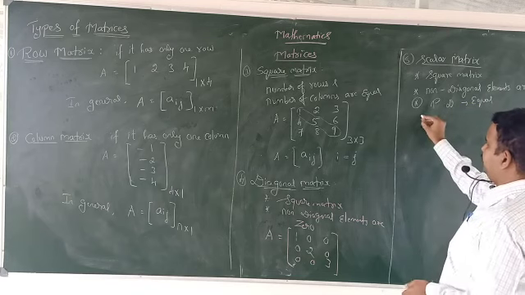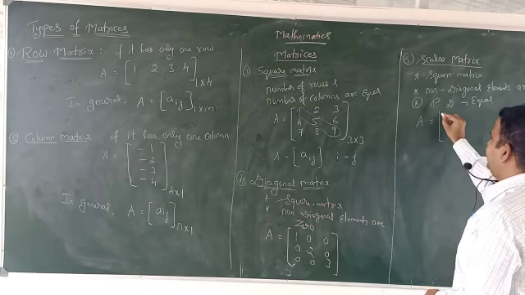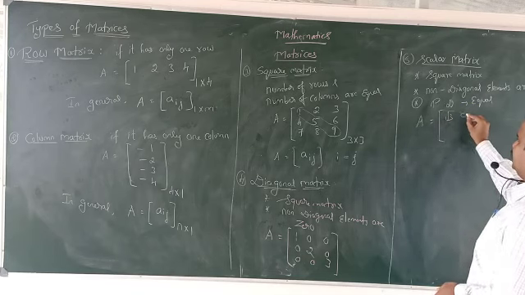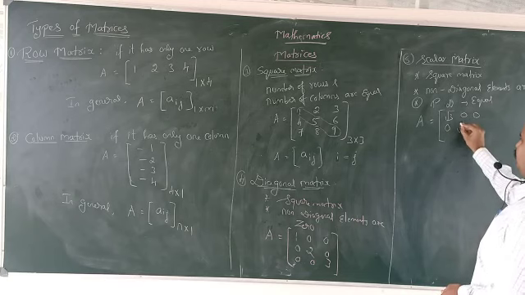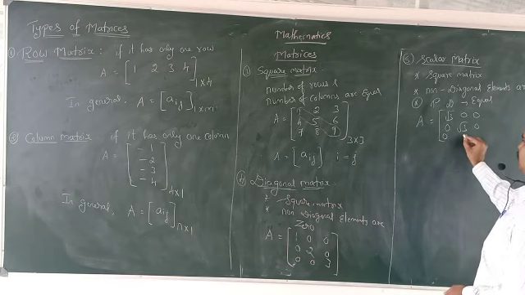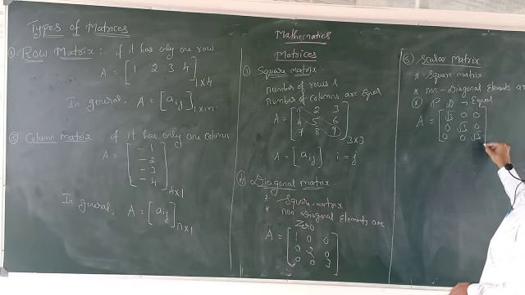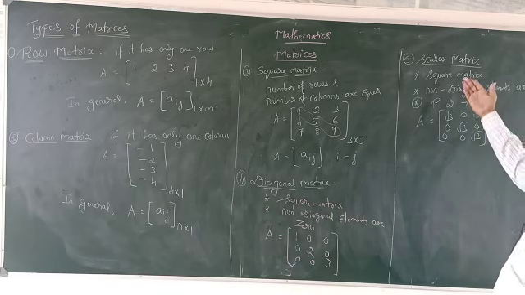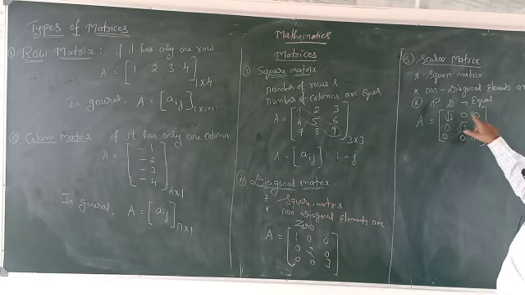Let me take an example here. A equals root 3, 0, 0, 0, root 3, 0, 0, 0, root 3. If this condition is satisfied, then we call it a scalar matrix. It is a square matrix, meaning the number of rows and columns are equal, a 3 cross 3 matrix.